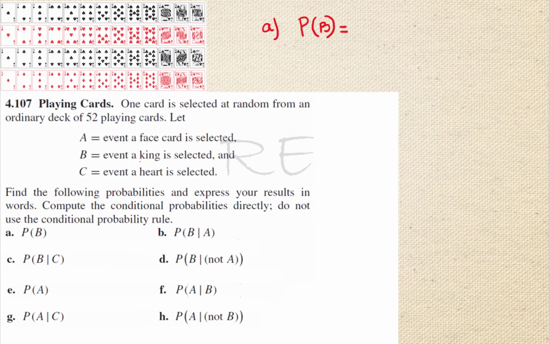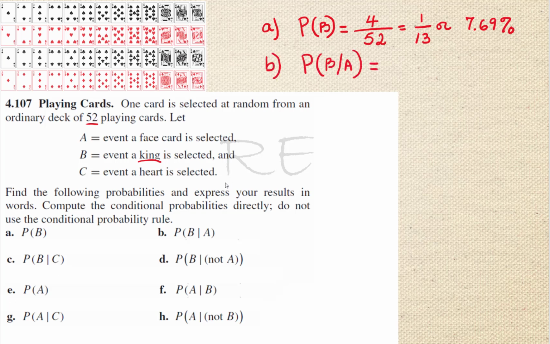The probability of getting a king. We have 4 kings and a total of 52 cards. So the probability of getting a king is 4 over 52. When divided by 4 is 1 over 13, which is approximately 7.69%.